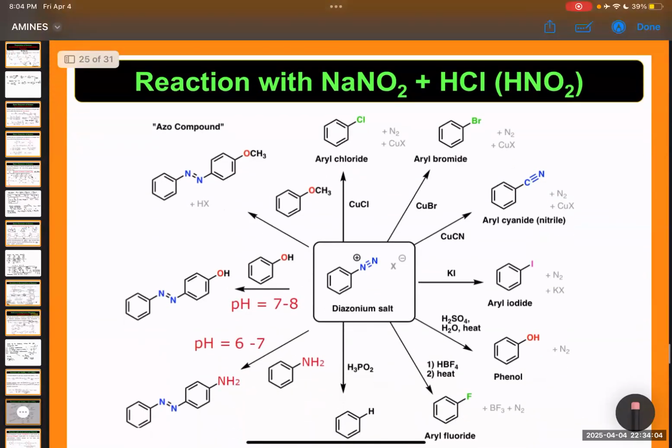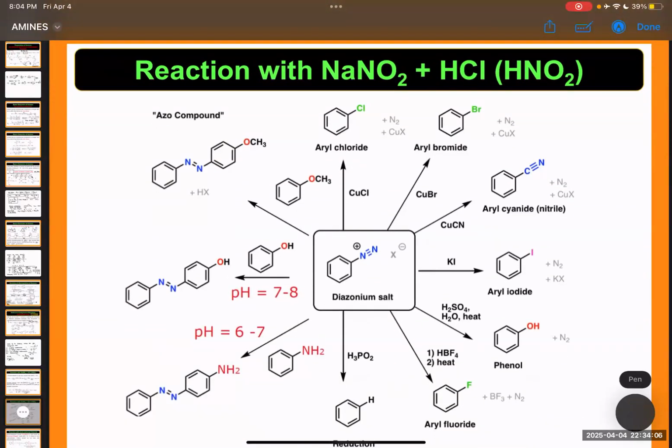So this is basically the conversion of the diazonium. We have seen this reaction. Where have we seen this reaction earlier? Any idea?